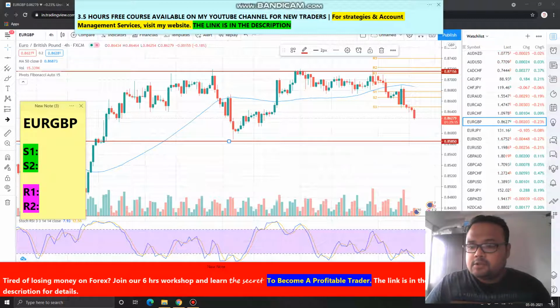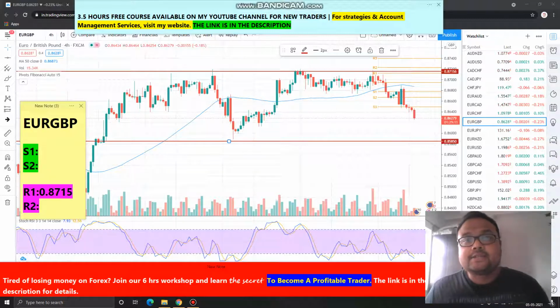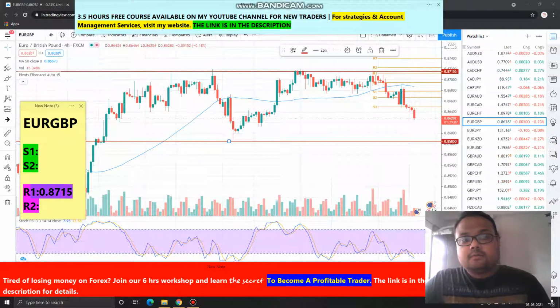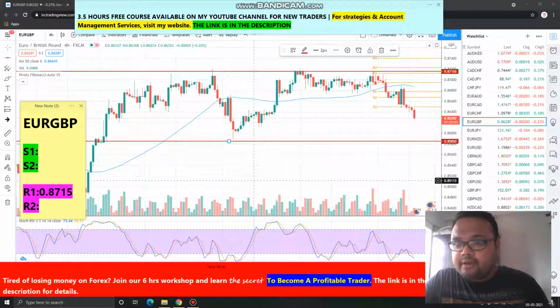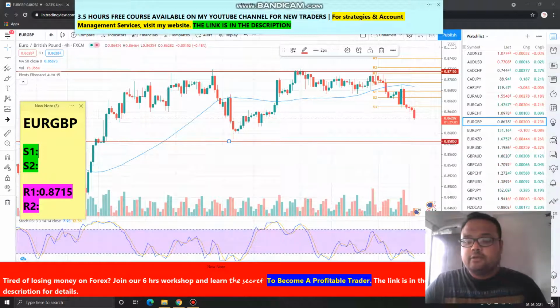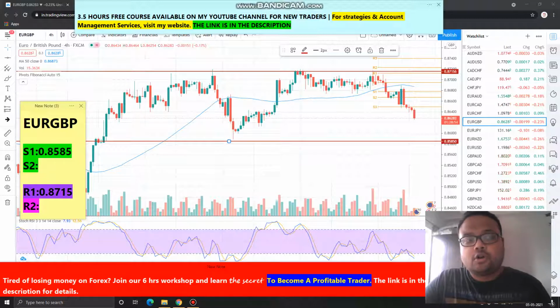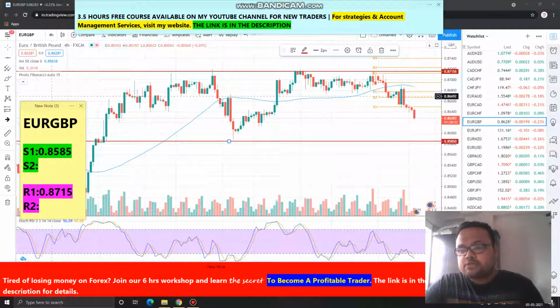So 0.8715, this level is extremely strong. On the support side we have got 0.8585. But in comparison to this support level, the resistance level is much stronger. So what should be the strategy then?